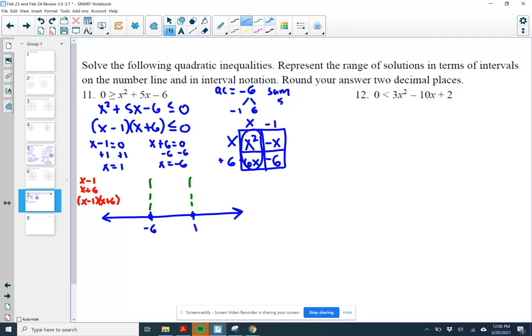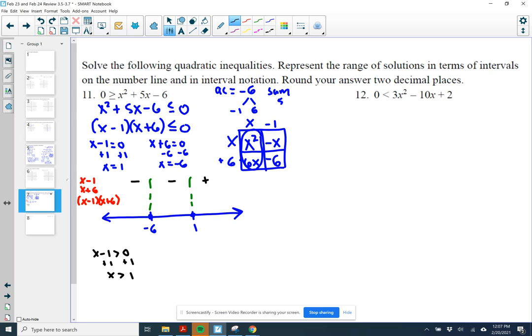So I'm going to do x minus 1 first. Notice it's going to be negative until we get to x equals 1, and then it's going to switch to positive. Think about that. When is x minus 1 going to be positive? When is it going to be greater than 0? When x is greater than 1.